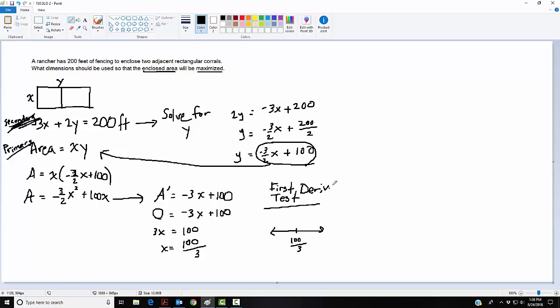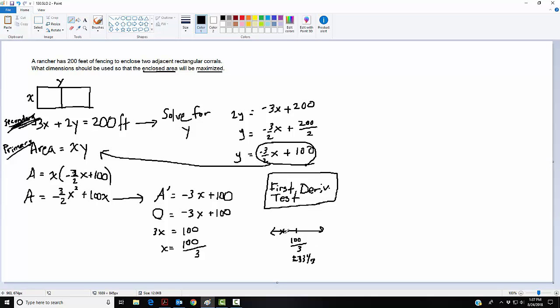Remember, with the first derivative test, we are demonstrating that this is indeed a maximum. All right, so this is approximately 33 1/3.